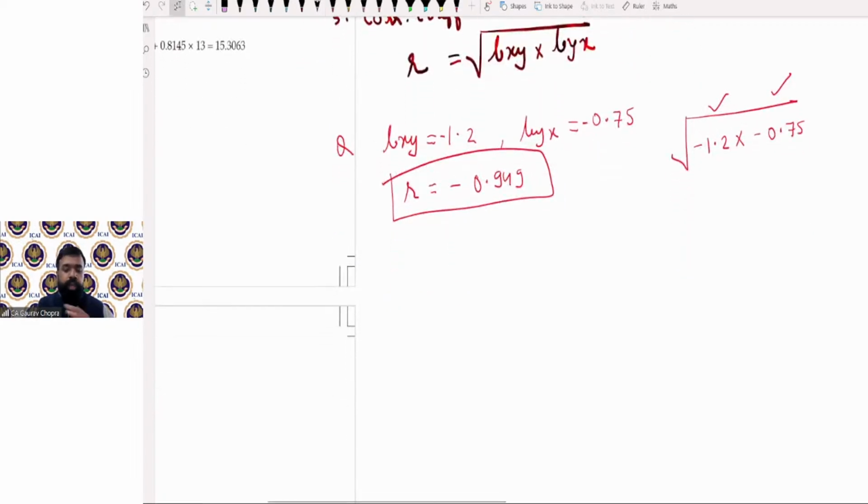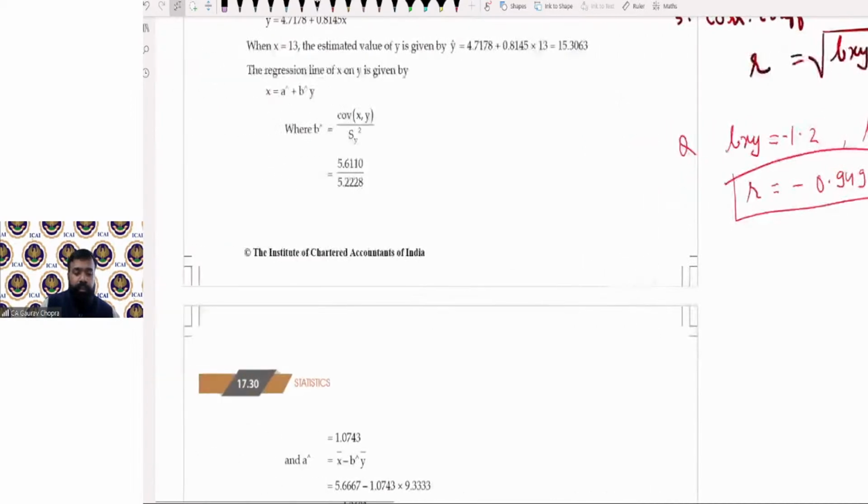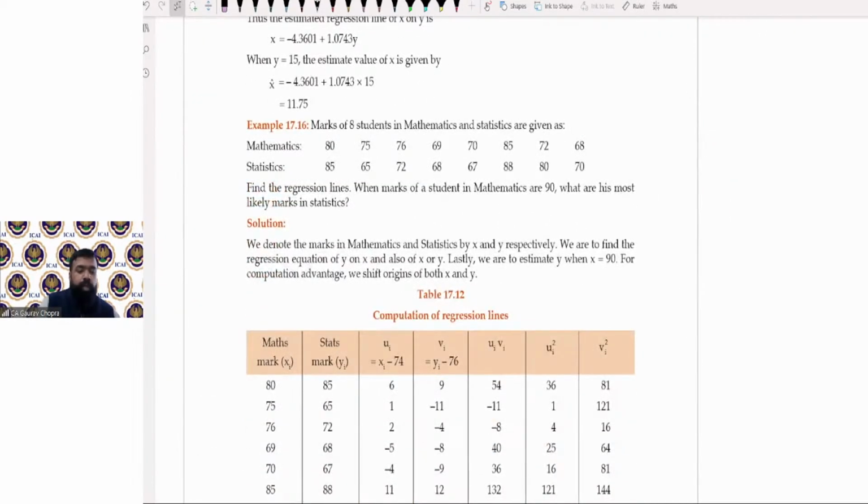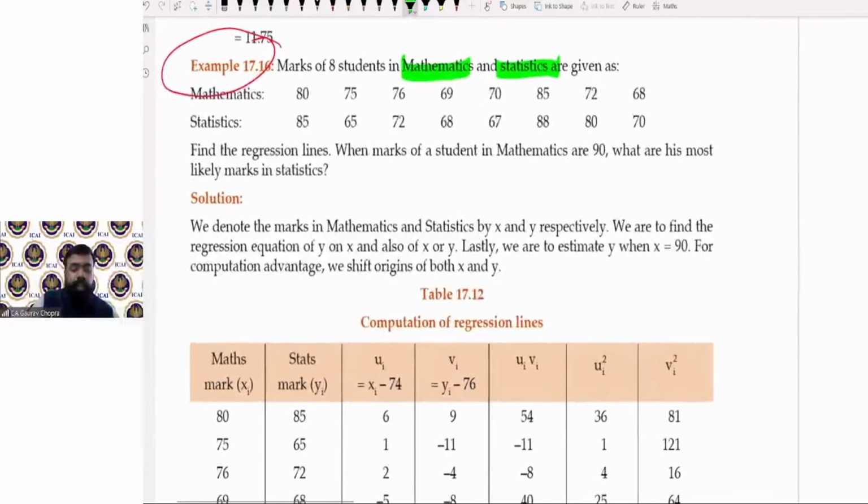Okay, fine. So we have done this, bxy and byx. Now, the 16th one you can try yourself. Now it is very easy. Marks of 8 students are given in mathematics and statistics, and you have to find out the regression lines.